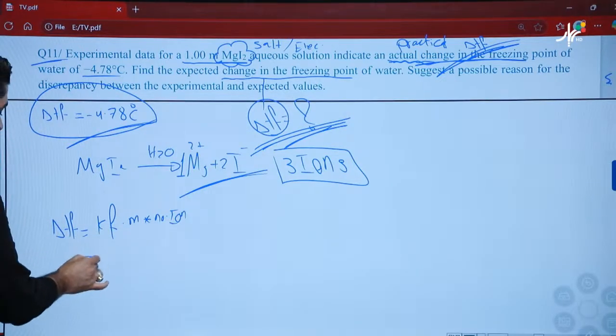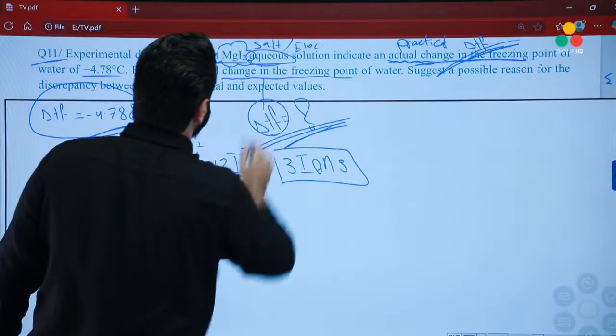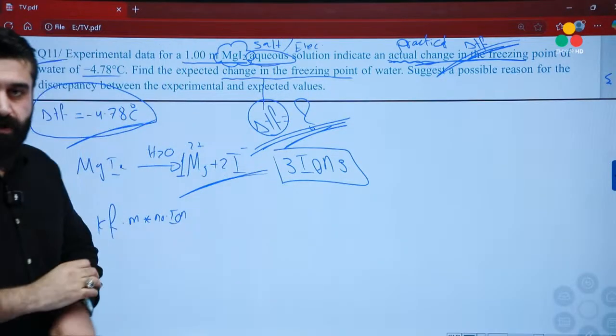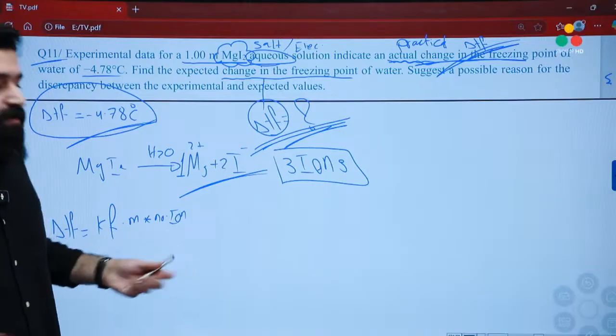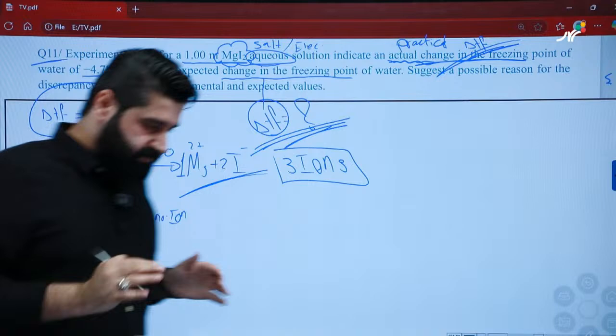Good. Since the solvent is water, because this is an aqueous solution, meaning a water-based solution. The solution is called aqueous for things that are dissolved in water.